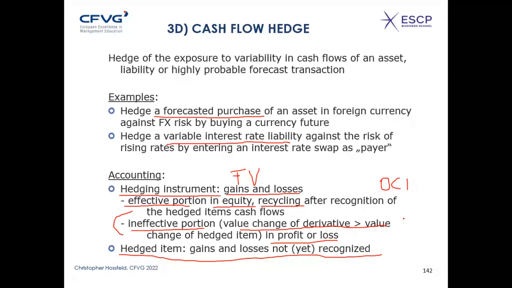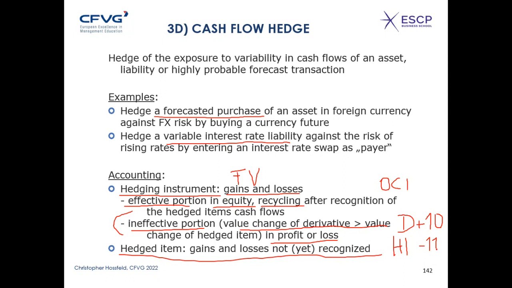So, for example, if my derivative increases by 10, that's the value change of my derivative, and the hedged item decreases, remember it moves in the opposite direction, by 11, we do have a hedge that is not perfect, and therefore there is some inefficiency here.